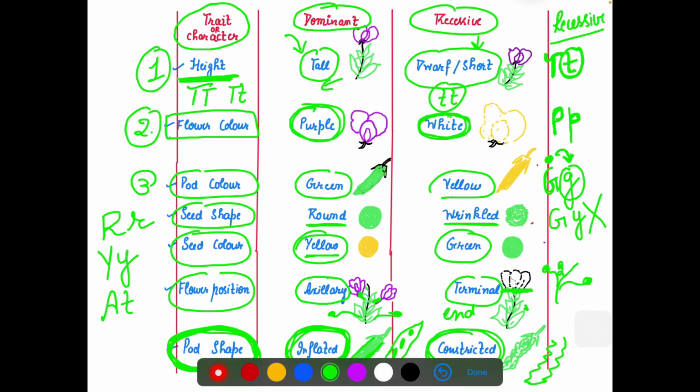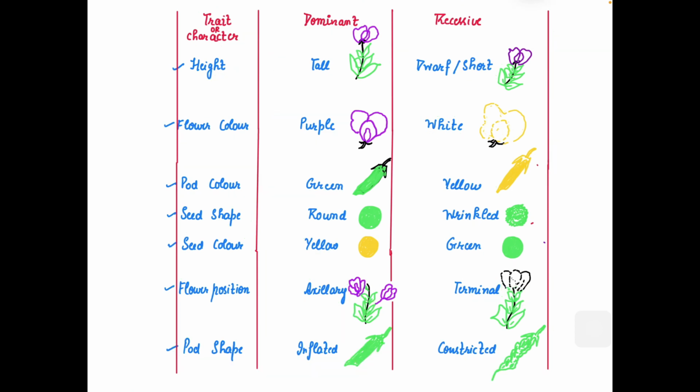Constricted is shrunk basically, they are the recessive one. So basically the inflated one is the pod shape and it is dominant, and very few are constricted. Now you cannot use C here, ma'am, we are using C. That will be wrong. You have to use the abbreviation only of your dominant, and the small letters are for your recessive.